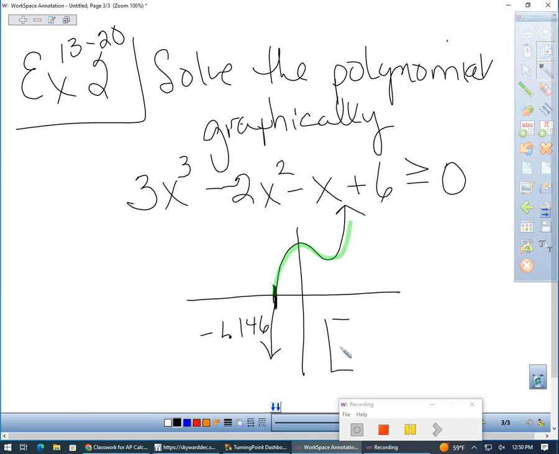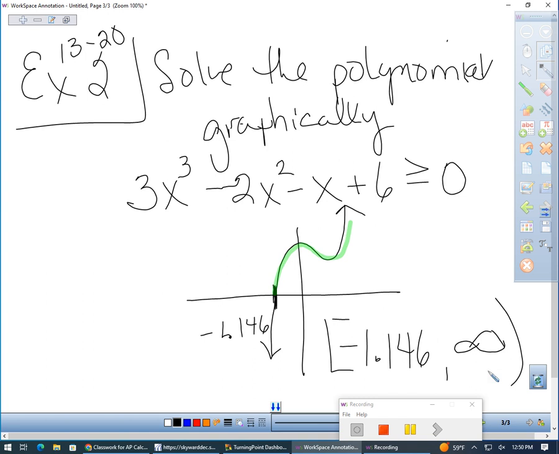Bracket. Good, bracket. Negative 1.146 to where? Infinity. Very good. So in that last section, you're graphing it and interpreting the graph. Do you guys need another example from there? No, we're okay? I know this is new, but I just want to make sure we're good with it.